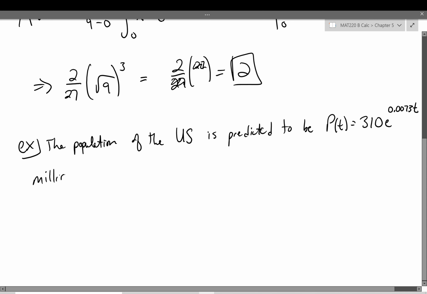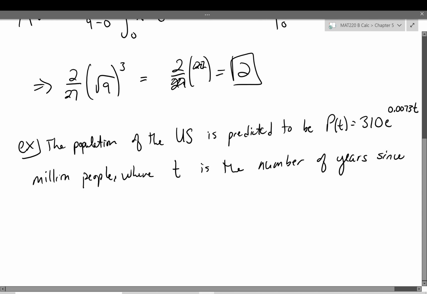Million people, where t is the number of years since 2010.